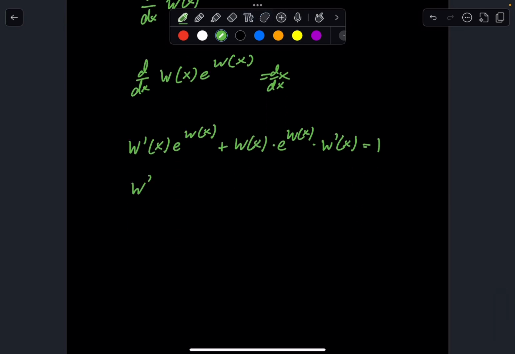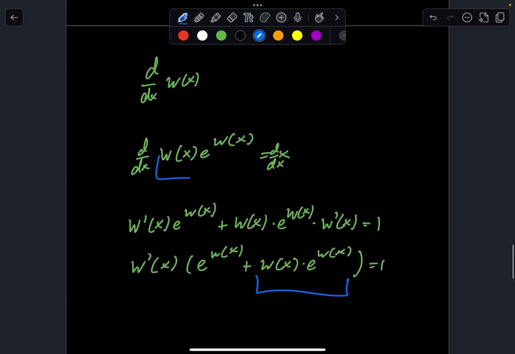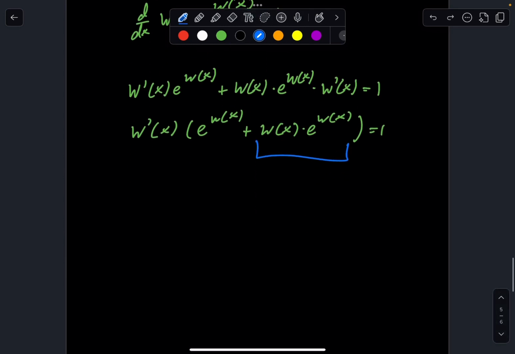Then we can factor out W'(x) times e to the W(x) plus W(x) times e to the W(x) equals 1, because we just factor this out. Now, you'll notice that this entire thing, what did we just say that was? We said that this is equal to x by definition. So we can say W(x) times e to the W(x), that's just x.